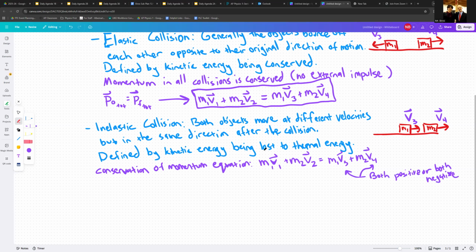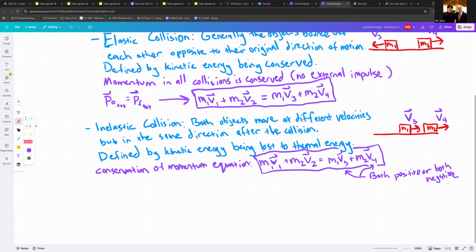You don't have to. There are ways to check if kinetic energy is conserved, but those take a lot longer. You could do 1/2 mv squared for both objects before the collision, and then do 1/2 mv squared for both objects after the collision. But those equations get even more complicated than these. And with the V3 and V4 being both positive or both negative, depending which way they're moving after the collision, it's also a good reminder here that you want to pay very close attention to your positive and negative signs because it matters a lot whether V1 and V2 are positive or negative.